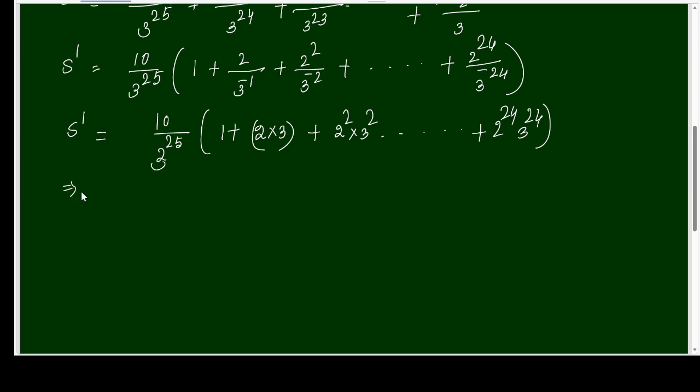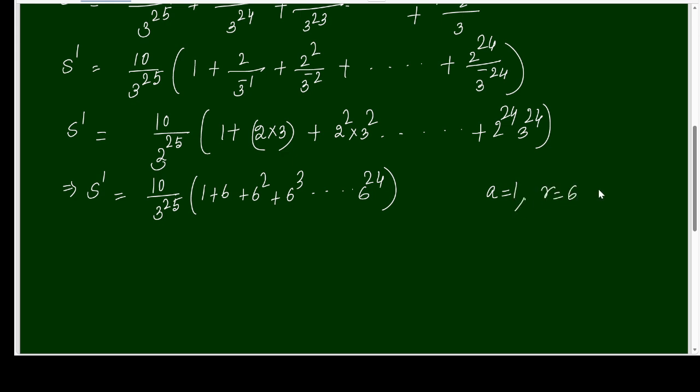So it is a GP series, it is clearly observed. So 1 plus 6 plus 6 square plus 6 cube up to 6 to the power 24. It is a GP series where the first term is 1, R is 6 and N equals 25, up to 24 I will get.